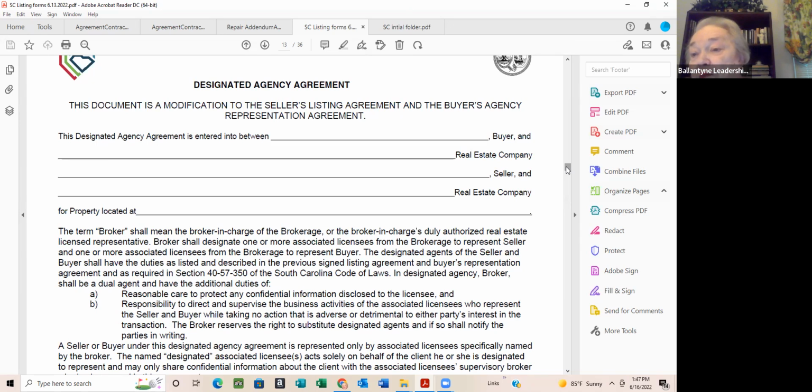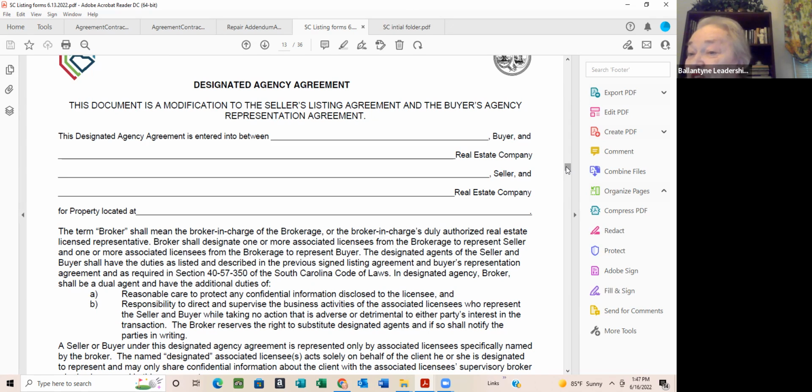But if it's another Ballantine agent, let's say Wendy's the listing agent and Whitley is the buyer's agent, you're both with the same firm, right? So initially you consider that dual agency.